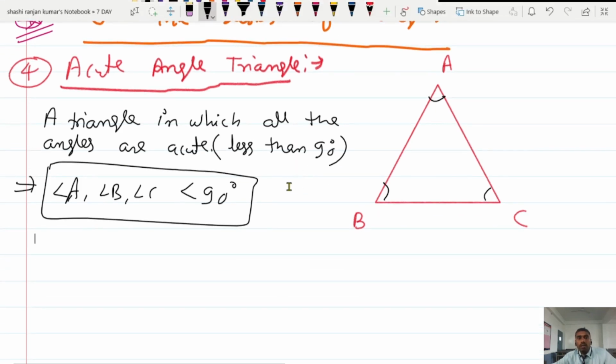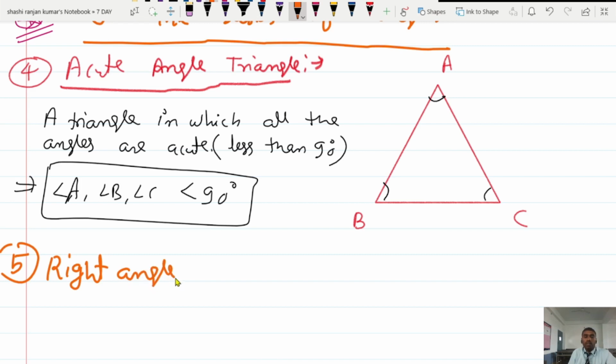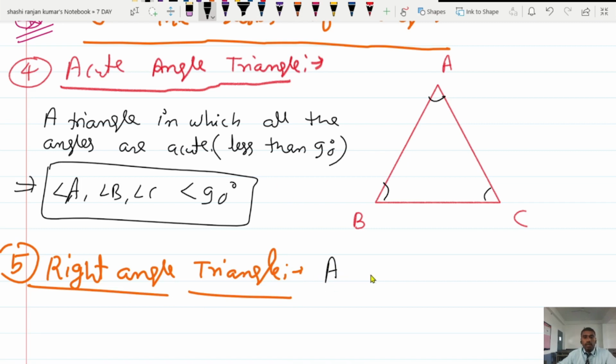Next we discuss the right angle triangle. The fifth type is the right angle triangle. What is a right angle triangle?